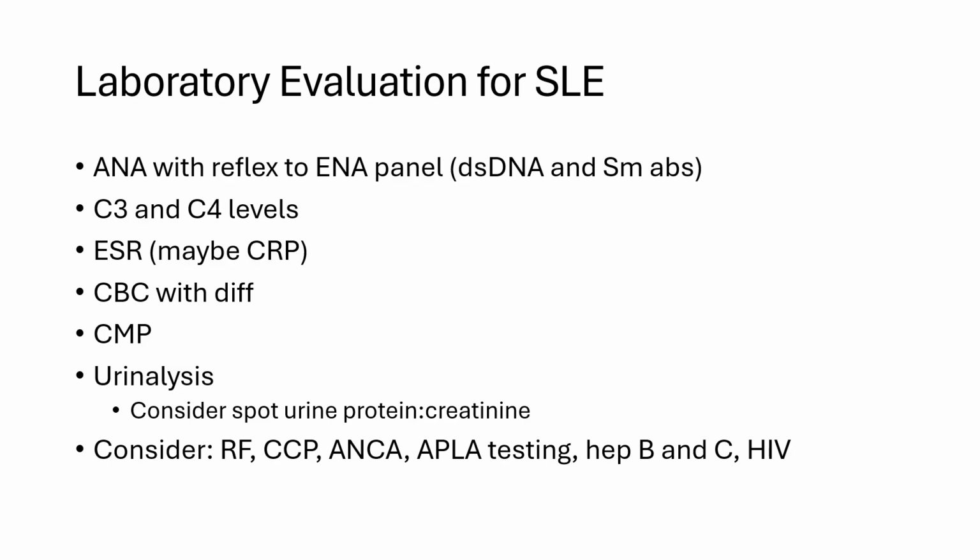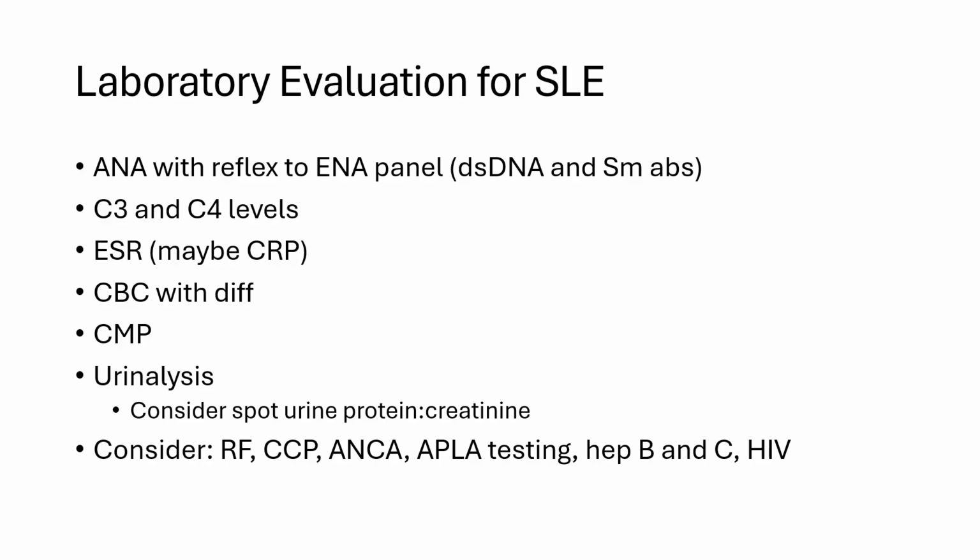Some other labs that you're going to want to look for that you will often neglect is the C3 and the C4. These are very helpful in lupus because when lupus is active, they often will go low. If the C3 and C4 levels are high, that's harder to really know if they're going to help you.